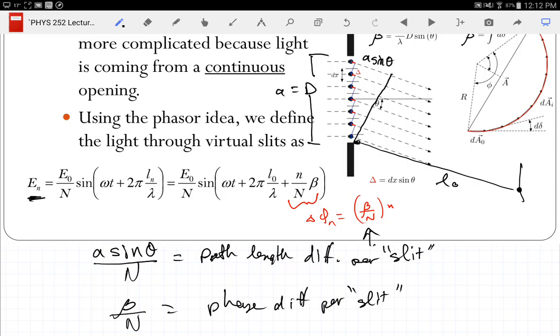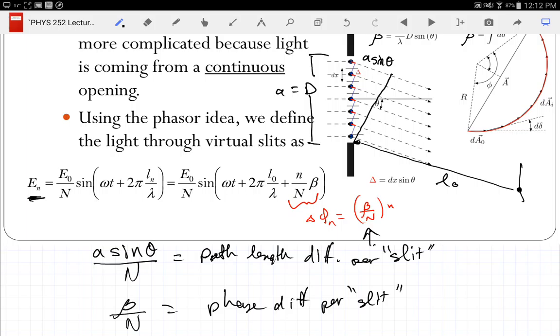Now this here is in the form of a phasor. Remember with electricity, when we had AC circuits, we did phasors where the voltage across this inductor is V max sine of omega t plus phi, where that phi was a phase angle.